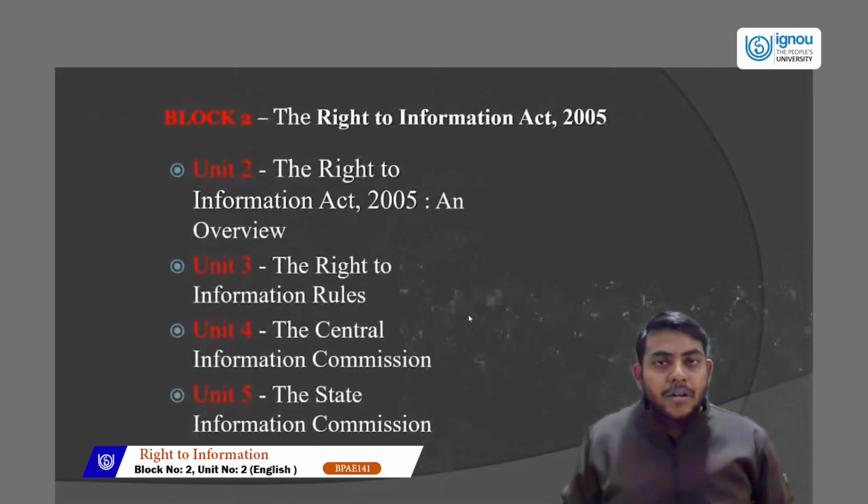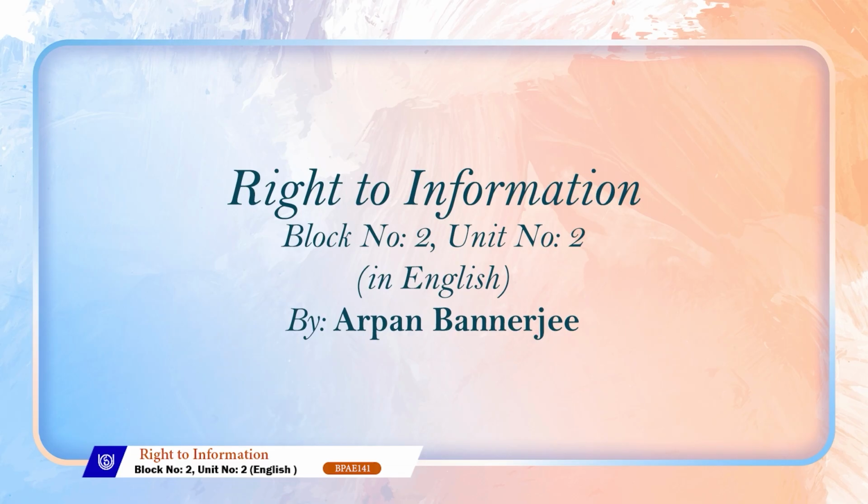In the second block of this paper, which we'll be doing in the upcoming classes, it is regarding the Right to Information Act, which was passed in 2005. As part of that, we'll do the second unit, which is related to an overview of the RTI Act of 2005.